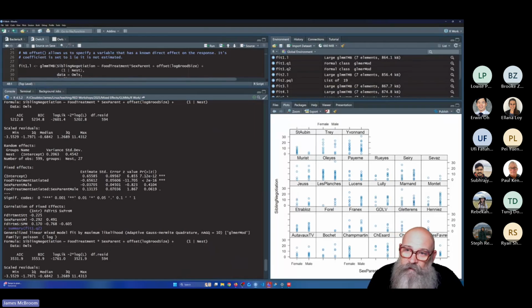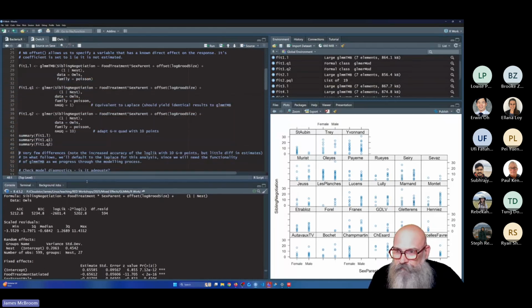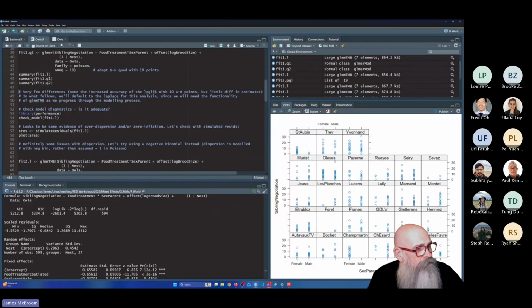So I would trust the Gauss-Hermite quadrature here more than I'd trust Laplace for this stuff. But on the other hand, the absolute values, the magnitudes of AIC, don't matter. It's the relative size of the AIC between two models that matters. So I wouldn't be too concerned about that. It's the parameter estimates being similar that we care about. So there's very few differences.